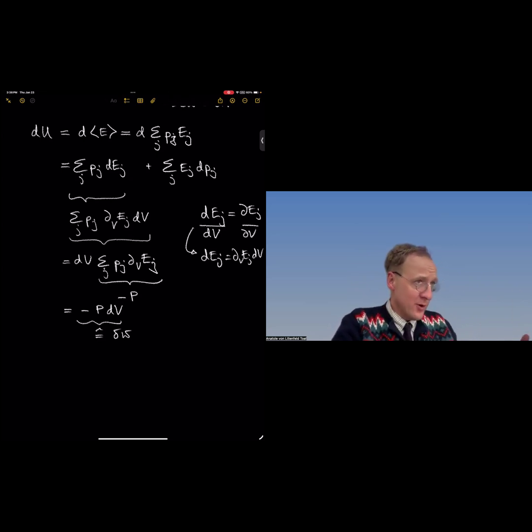So one variable could be volume, another one could be temperature, another one could be pressure, right? So we can then write this as an expansion in all these individual terms, right?